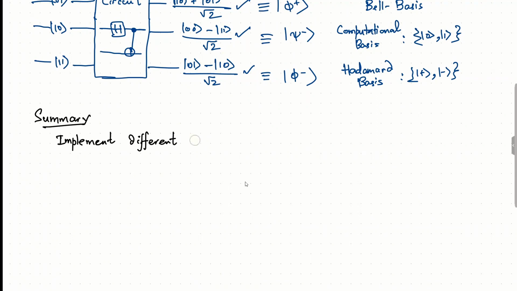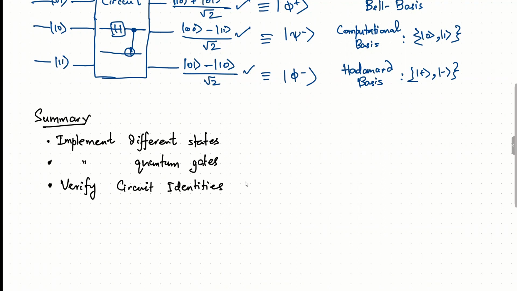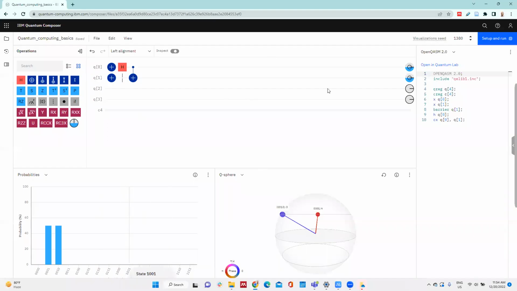We saw how to implement different quantum gates, both single qubit and 2 qubit gates, how to verify circuit identities, and how to generate Bell states. And we saw how to do all those things here, right?